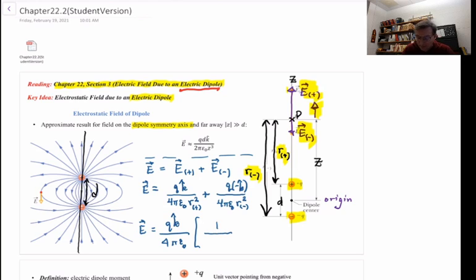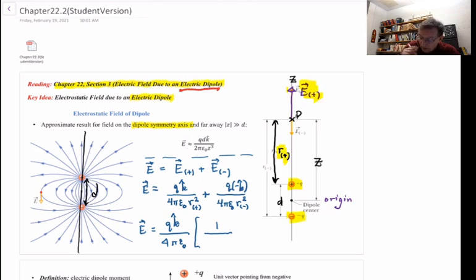All right, now I'm going to say a little bit more about the r plus. Now here comes something very important. R plus is that distance right there that I've got listed.